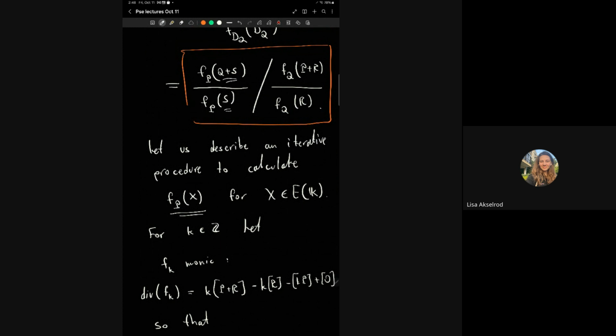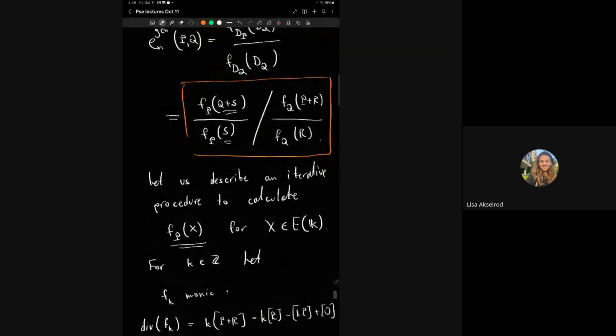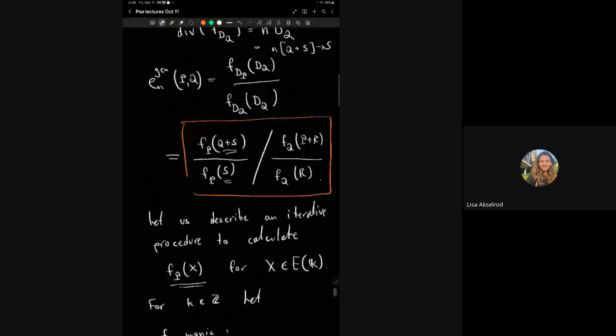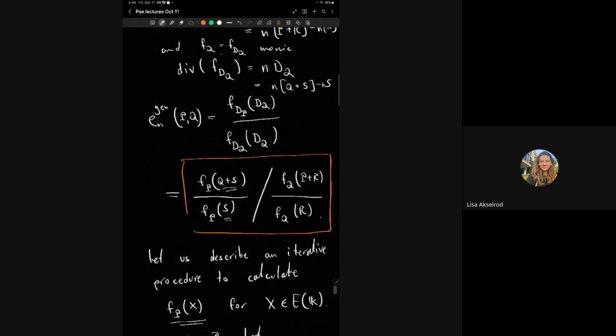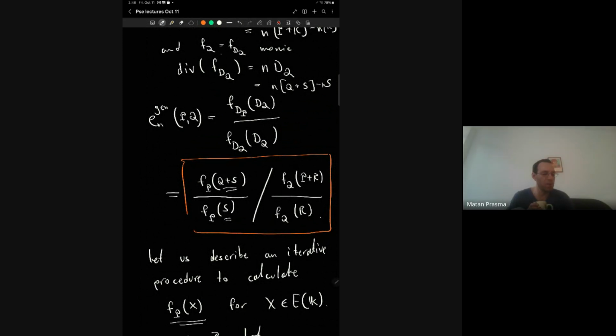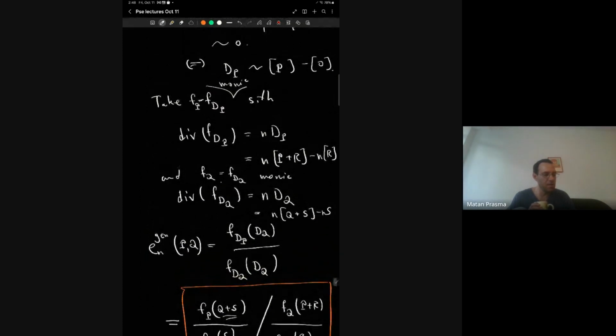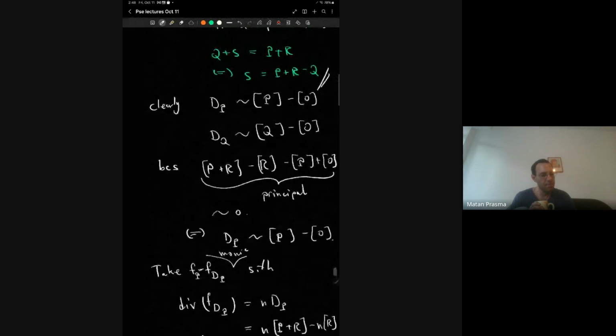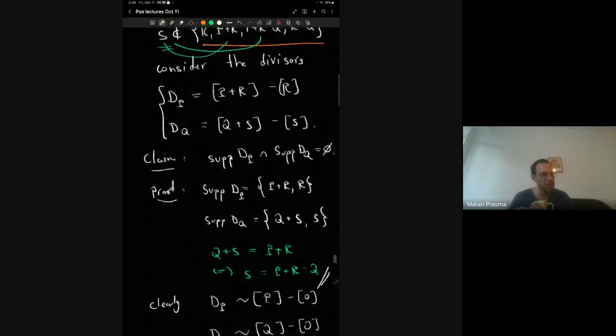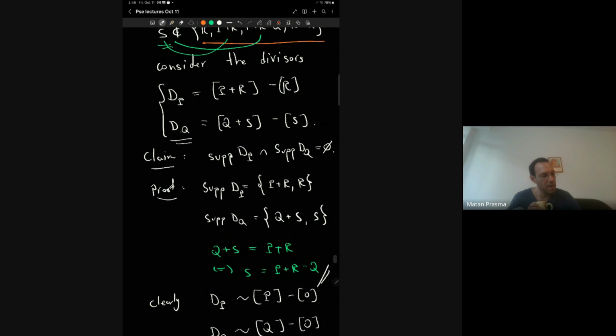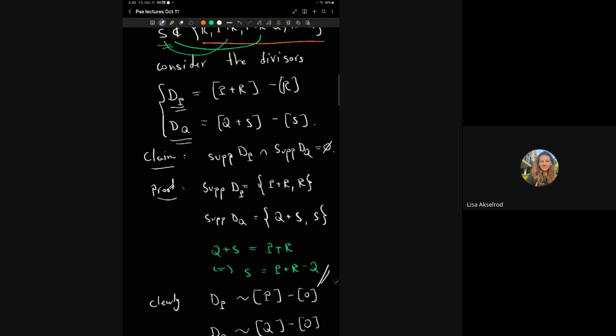So whatever we were doing before we got this orange formula, we were modifying the formula to get the orange formula. What we did before is we chose dP and dQ in such a way that they would fit the generic definition of the Weil pairing.